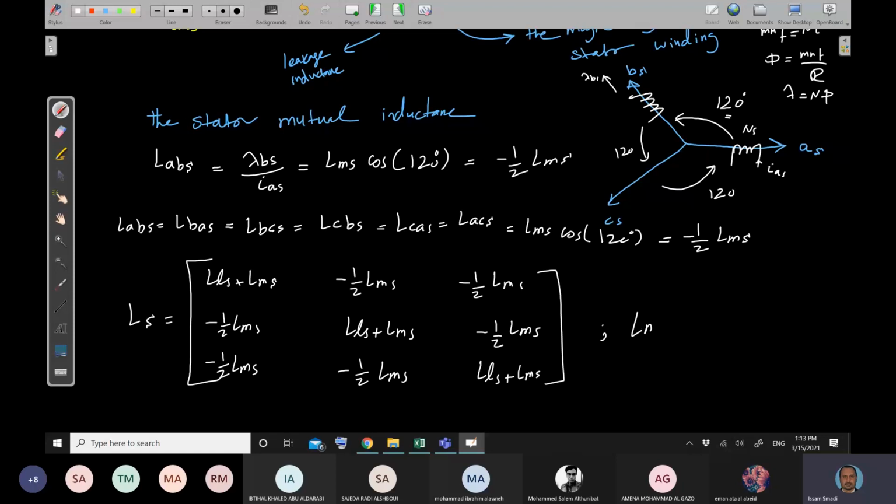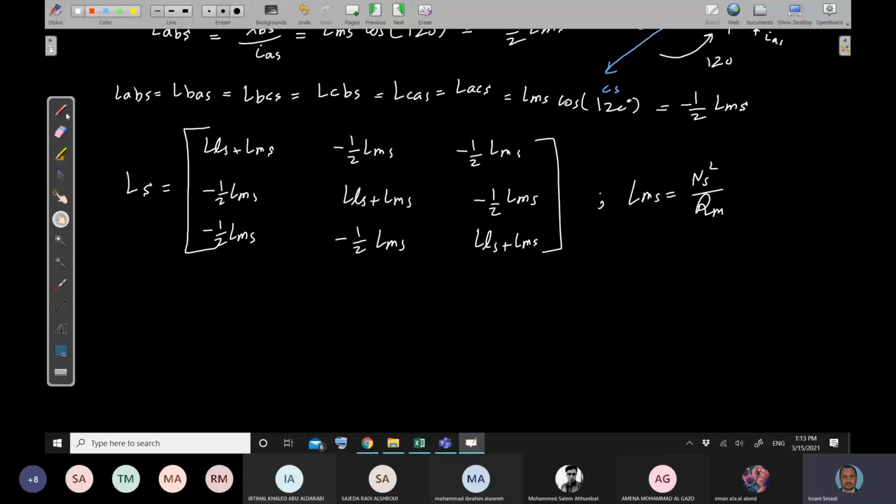Now LMS is equal to NS squared over the reluctance Rm of the magnetizing path. Until here, we found the self-inductance of the stator circuit. Now, what about the self-inductance for the rotor circuit?